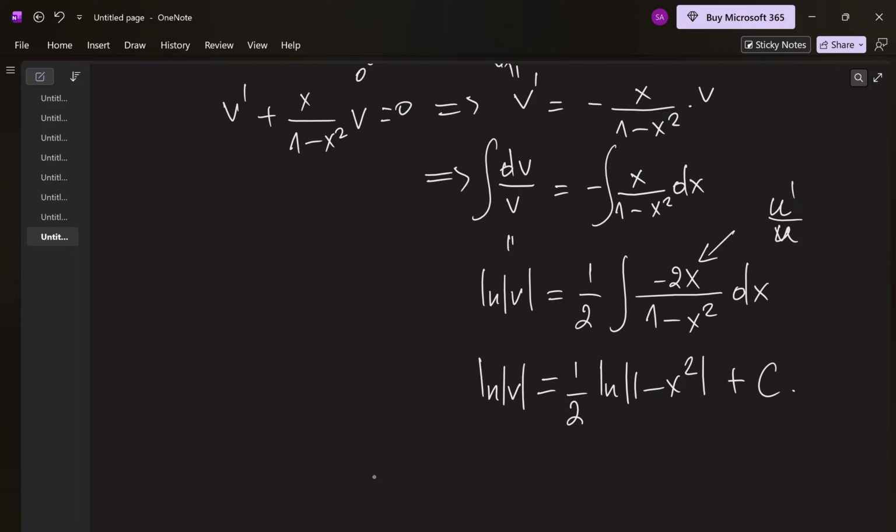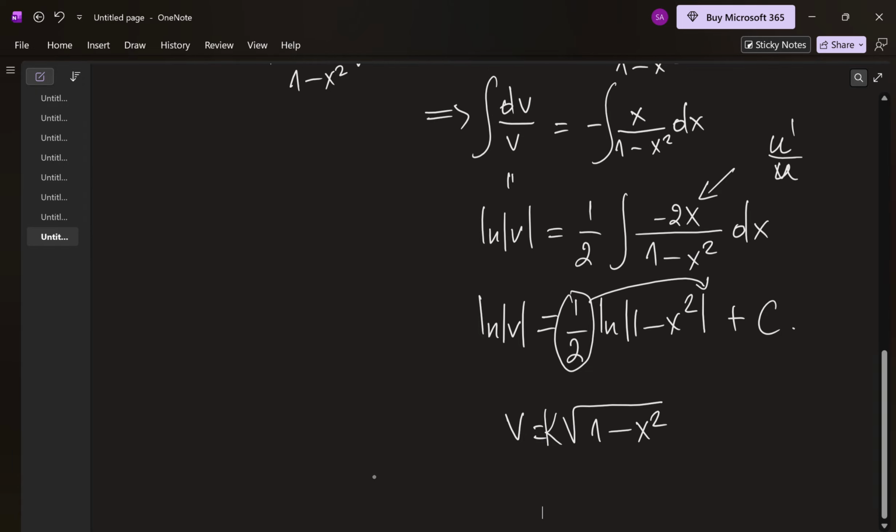Now you take the exponential. You will get v is equal to the exponential of this part. The 1 over 2 you may put here, and you take the exponential, you will get the square root of 1 minus x squared. And remember, the exponential of the plus constant gives a constant k.